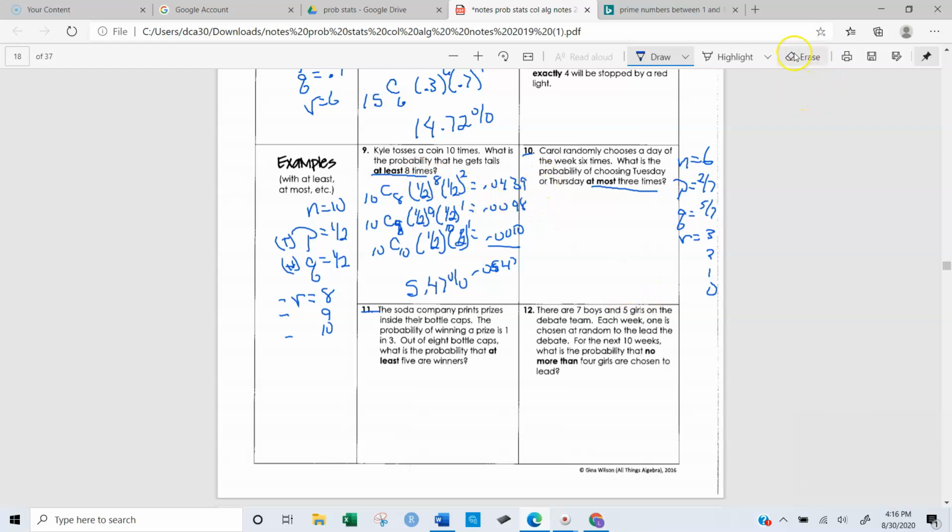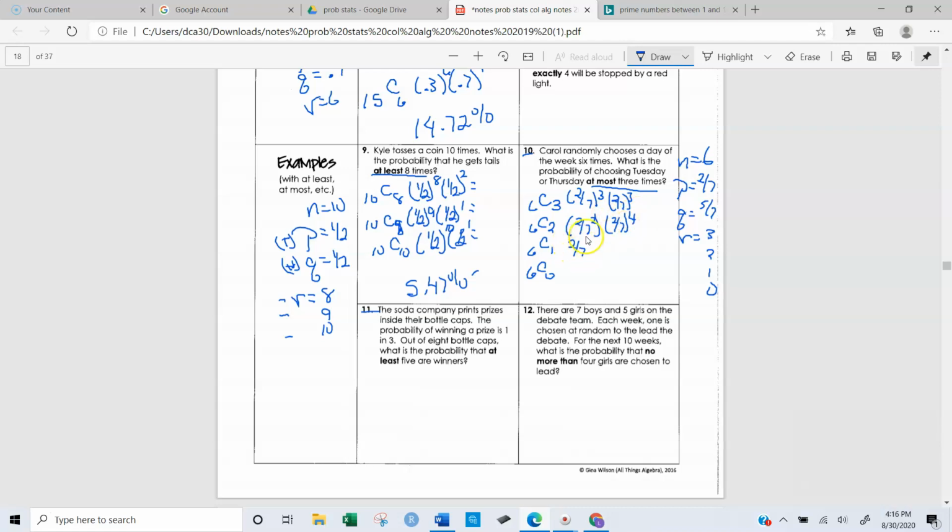So I'm going to erase this one because I am out of room. Let's see if we can get this all in here. Okay, so your first one is 6 choose 3, 6 choose 2, 6 choose 1, 6 choose 0. We're going to have 2 sevenths to the third, and 5 sevenths to the third, 3 and 3, right? 2 sevenths squared means 4 times it will be wrong.